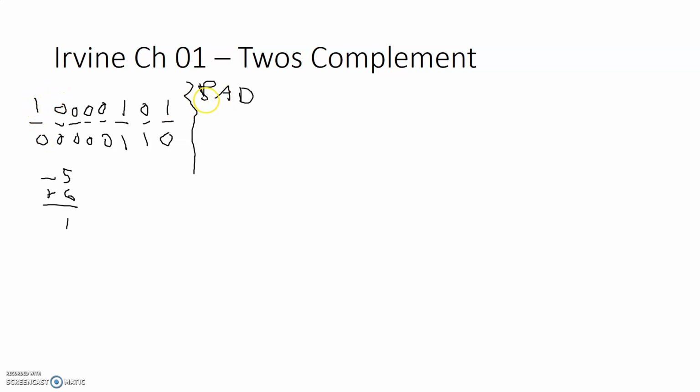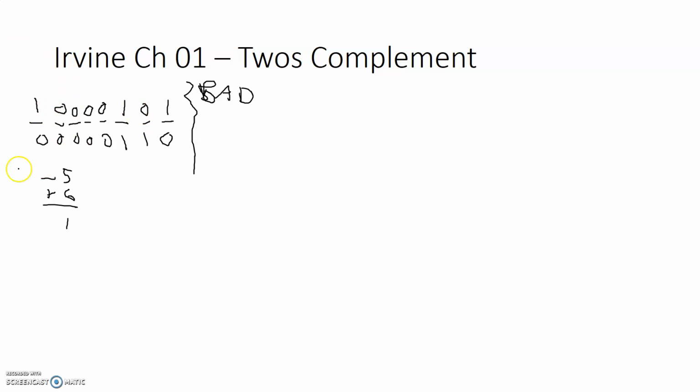So the bad part is that we can't do math with a number in this situation, meaning that the processor would have to do something different when dealing with negative numbers as opposed to positive numbers. So the idea in the 2's complement was to represent that number in a way so that we can do math with it.